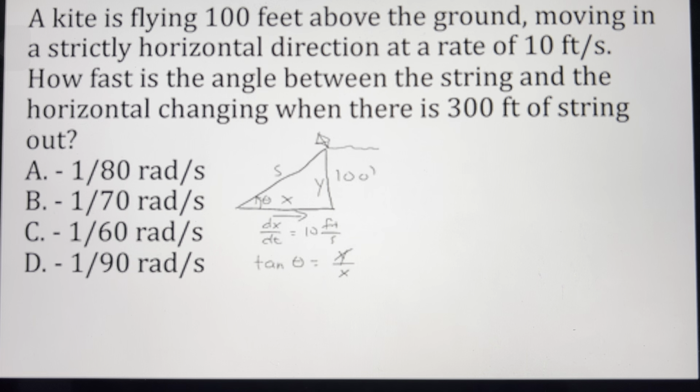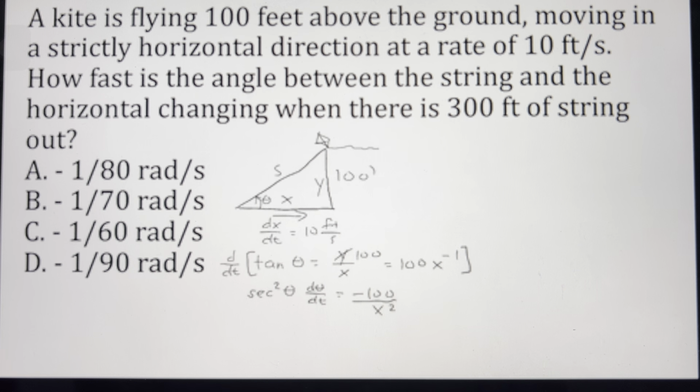And y here is 100, or this will be 100 x raised to negative 1. Get the first derivative of our expression with respect to time. So the derivative of tangent is secant squared theta, and then d theta dt. And this will be negative 100 over x squared.